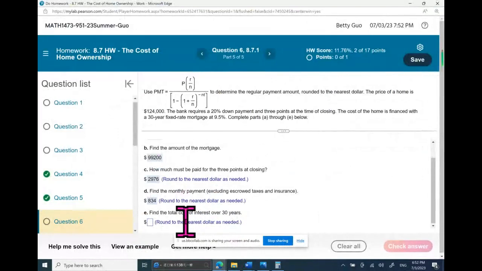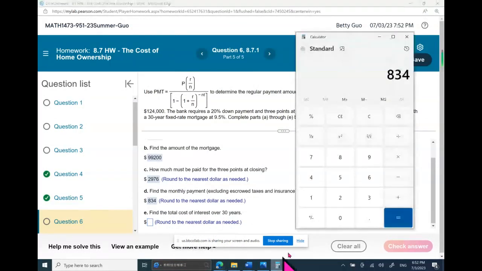Earlier we got the answer for Part D: the monthly payment is $834. If we pay $834 every month for 30 years, that is multiplied by 360. And that's how much money you pay the entire time.